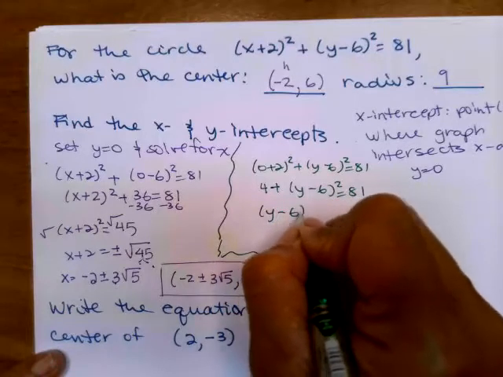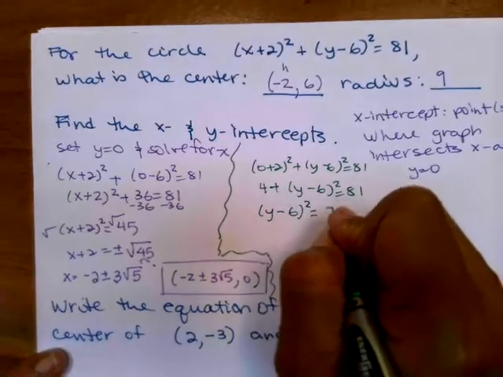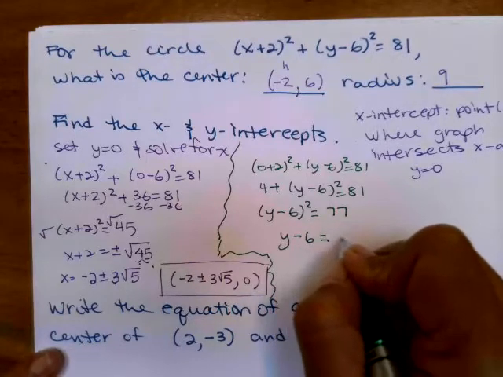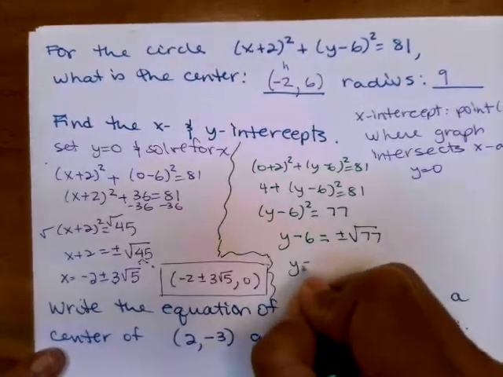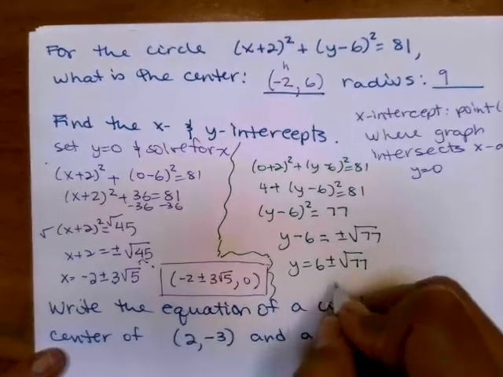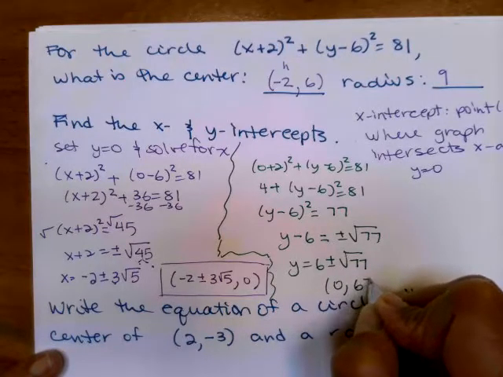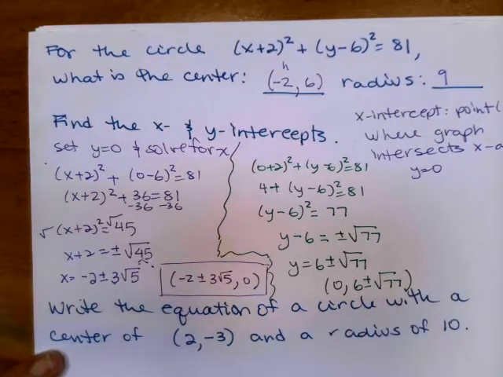So (y − 6)² equals 77. Square root both sides: y minus 6 equals plus or minus radical 77. So y equals 6 plus or minus square root 77. So the coordinates are 0 comma 6 plus or minus square root 77.